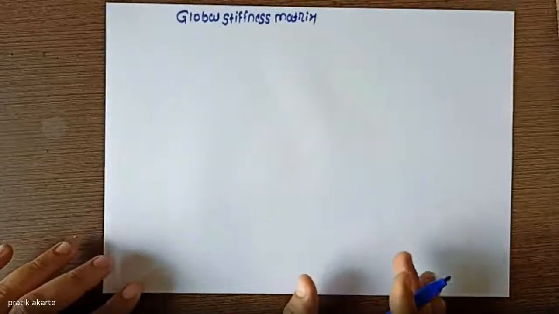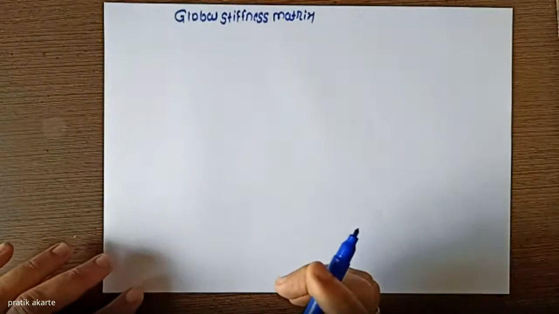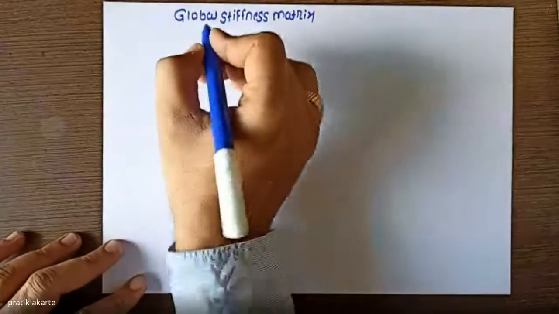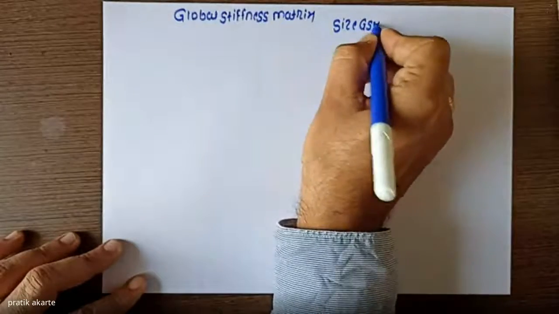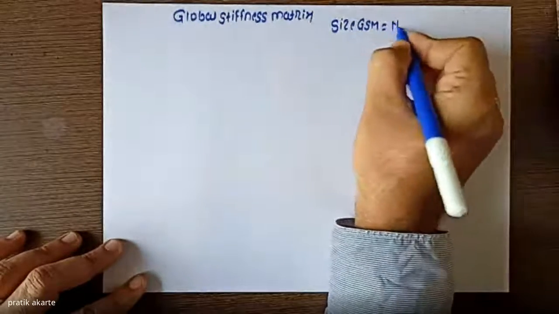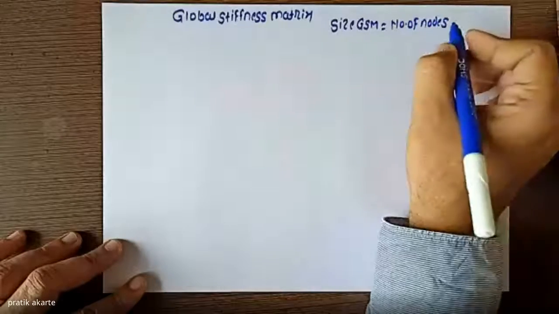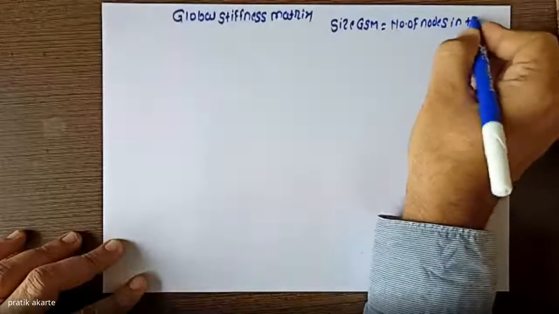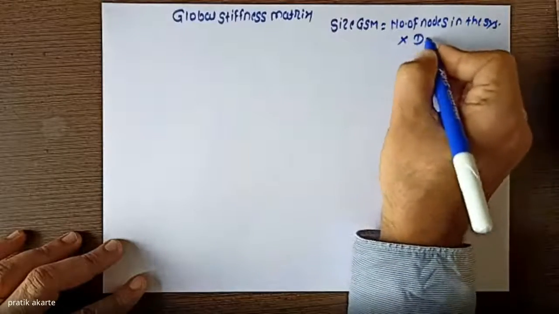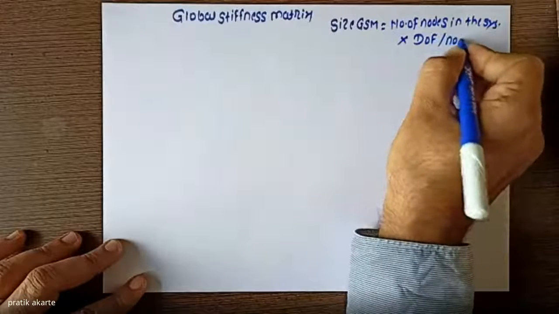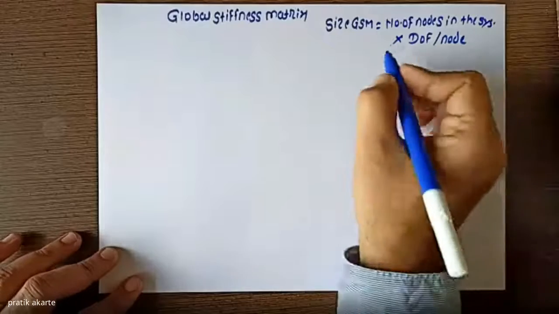Now, before writing the global stiffness matrix, we identify its size. You know that the size of the global stiffness matrix is equal to the number of nodes in the system or in the continuum multiplied by the degrees of freedom per node. So this will give you the size of the global stiffness matrix.